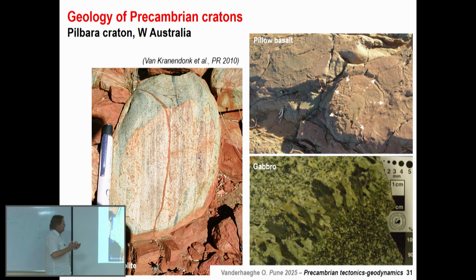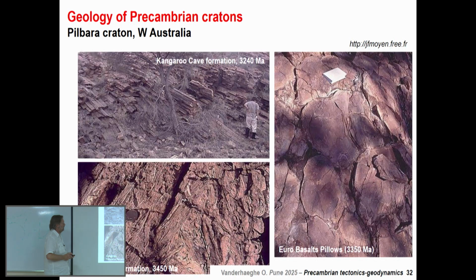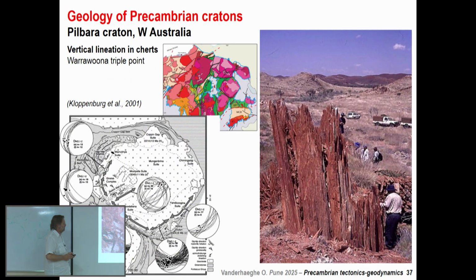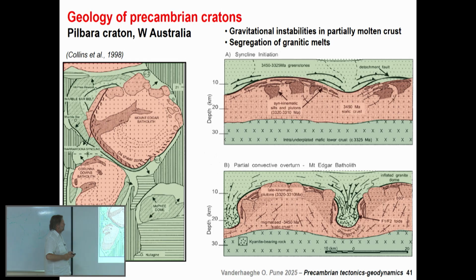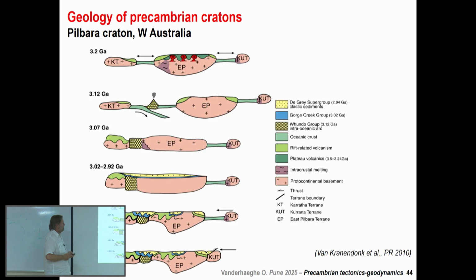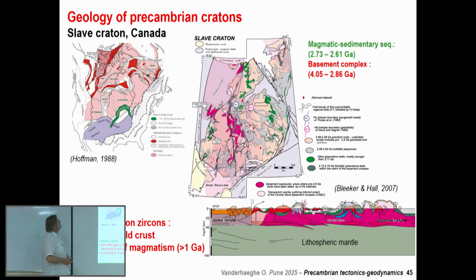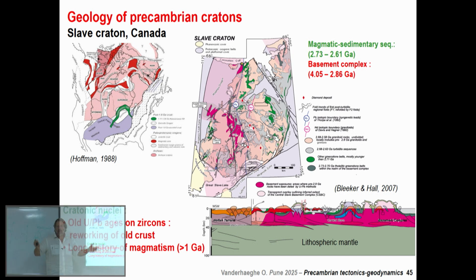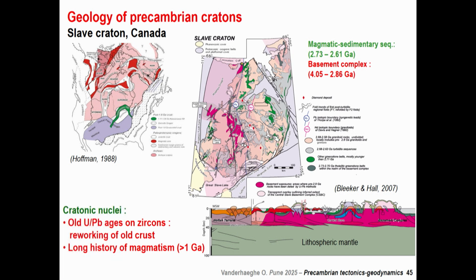But you have very diverse rocks that are different from the ones that we find in the Phanerozoic belts. And I'm just going to insist here on the Slave craton in Canada. The Slave craton is equivalent to any other craton, made of greenstones in green and granitic gneisses in pink.